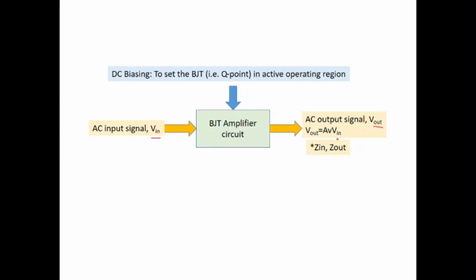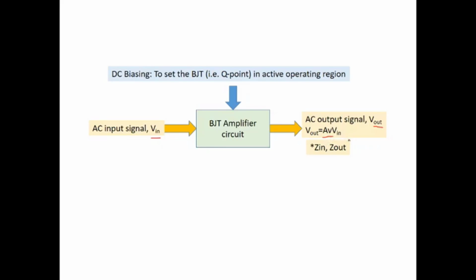If the amplifier circuit has enough gain, the output magnitude or amplitude should be bigger than the input. Thus we have this relationship between V out and V in. V out should be bigger than V in by how much? This is the AV. AV is the voltage gain.